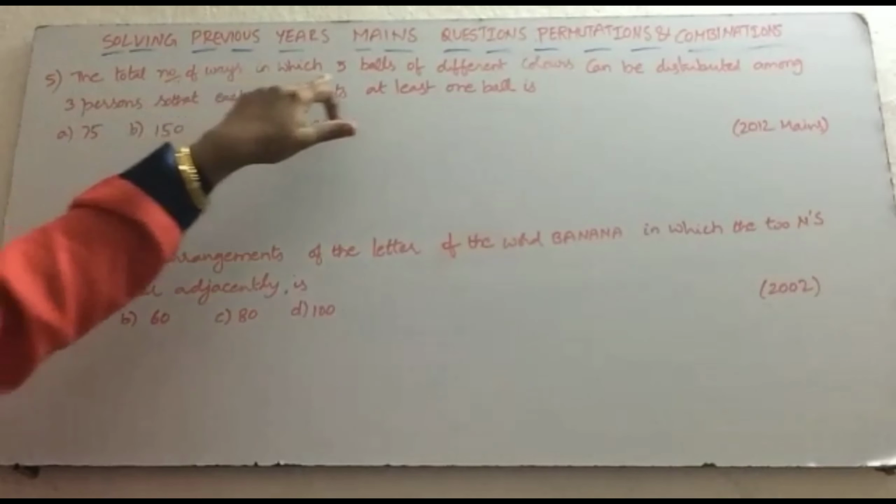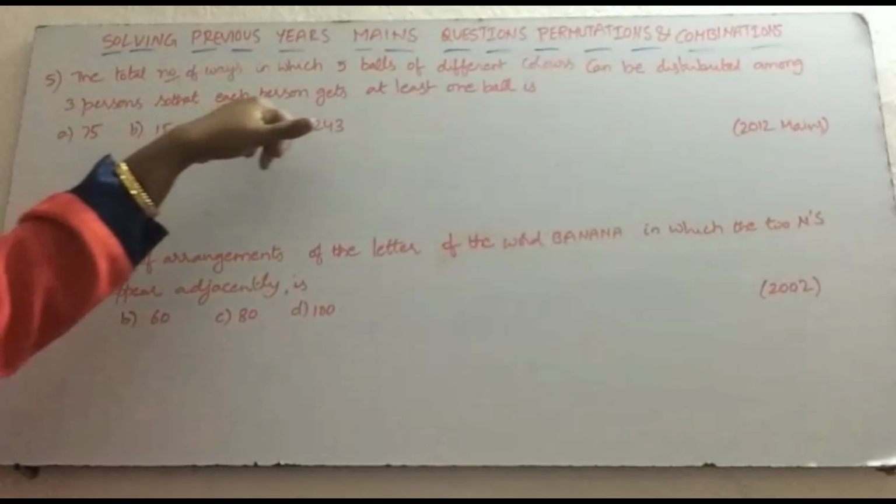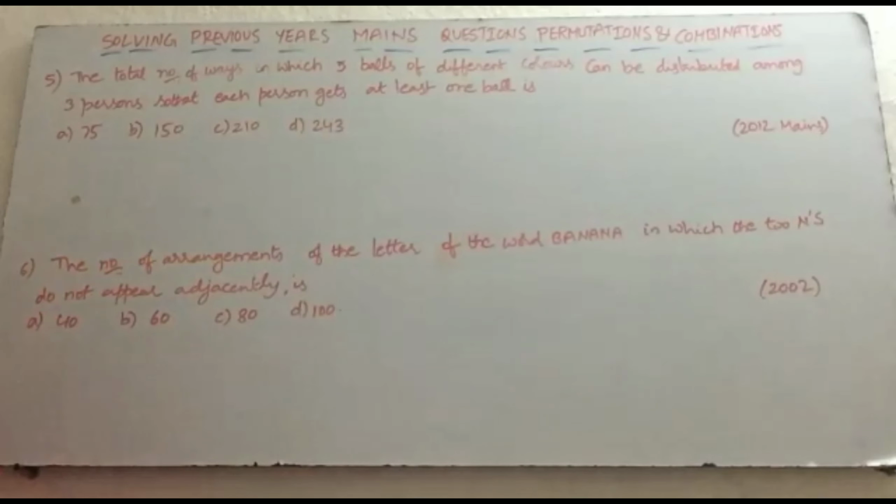The total number of ways in which 5 balls of different colors can be distributed among 3 persons, so that each person gets at least 1 ball.